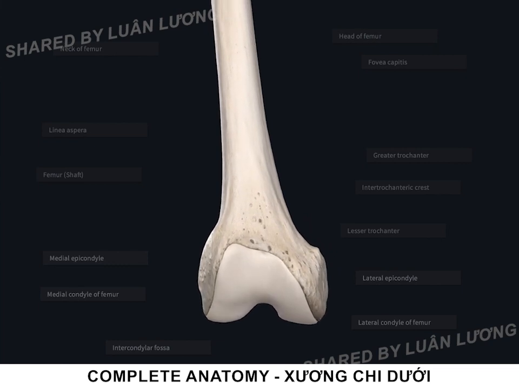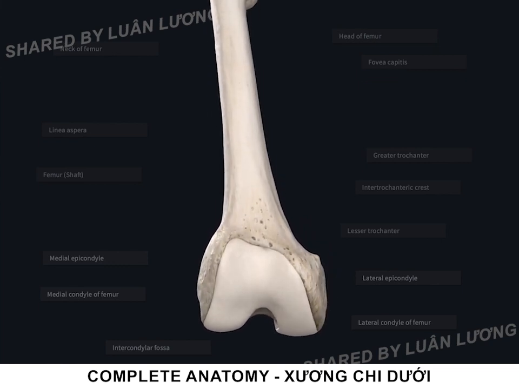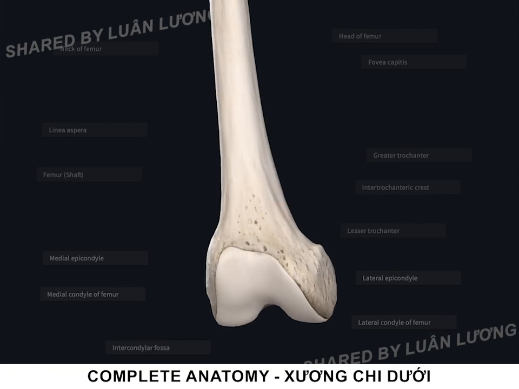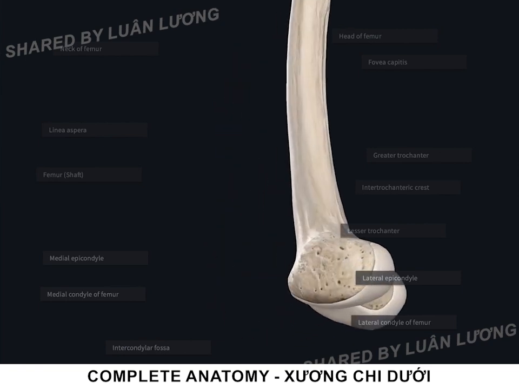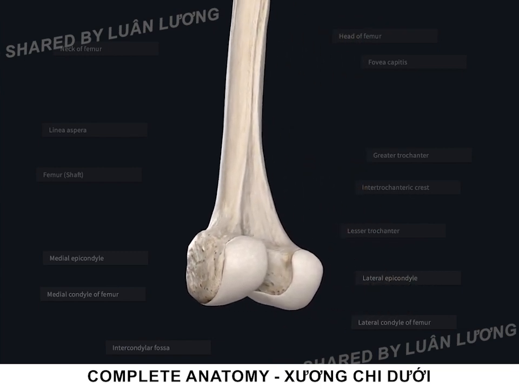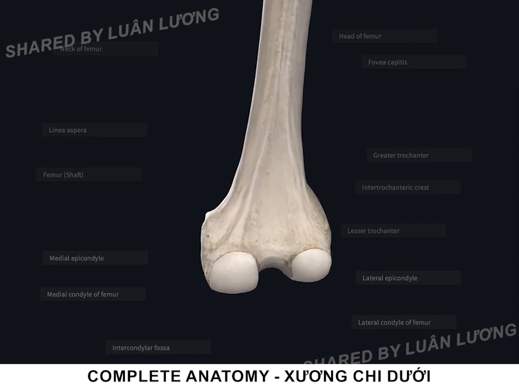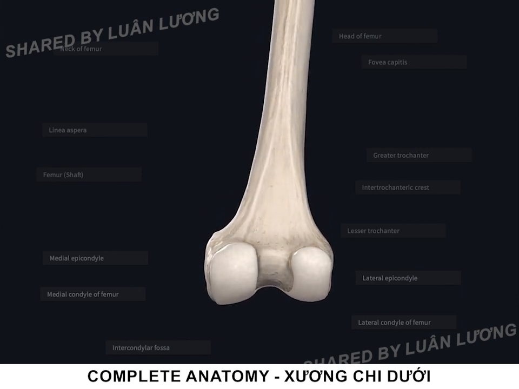Now you can see that there is a depression between the two condyles. On the medial side, we see the medial condyle and the lateral condyle, and we see this depression that will carry all the way from an anterior and inferior perspective to even the more posterior aspect of the bone. And this is known as the intercondylar fossa.